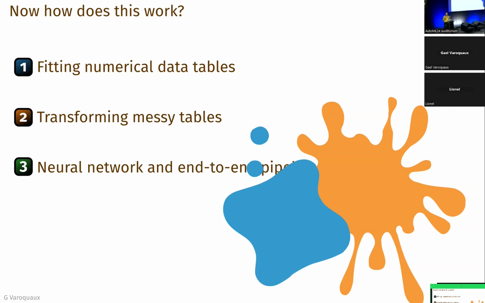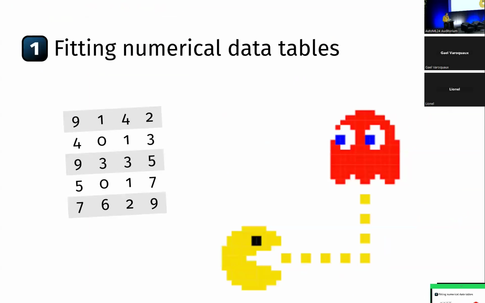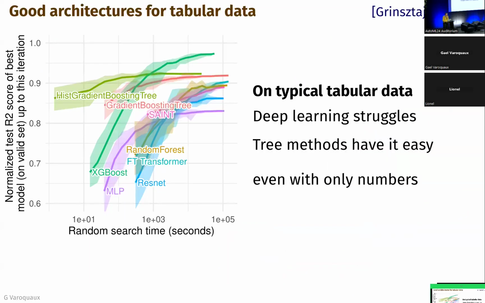Then I'll cover how we encode messy tables, going from the tables I've shown to numbers. And then I'll cover end-to-end, putting things together, including with a neural network twist. Okay, so let me start with fitting numbers. If we roll back a few years, and I know that thing got vastly cited.